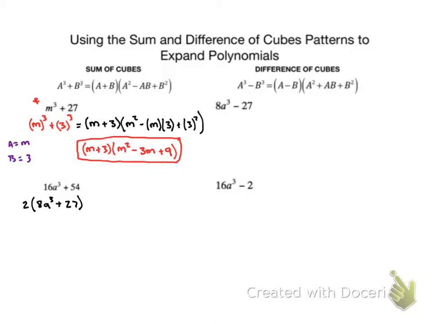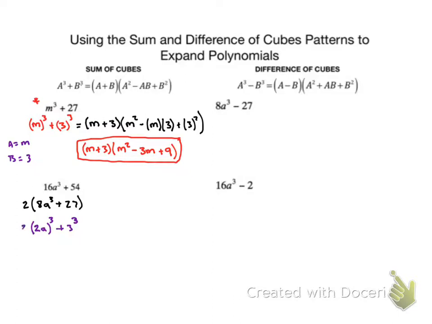And now we look at our sum of two cubes. Difference of cubes comes next. So we're looking at 8a cubed plus 27, and we see if we can rewrite those as cubes. I'm going to leave the 2 off for now, but don't forget that it's going to be included in your answer. So 8, I know I can rewrite as 2 cubed, so this will turn into 2a cubed. Plus 27, like in the previous problem, we know we can rewrite as 3 cubed.